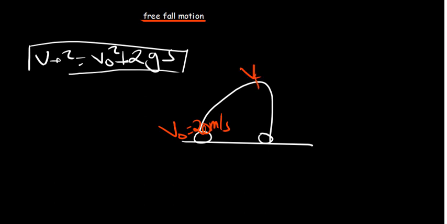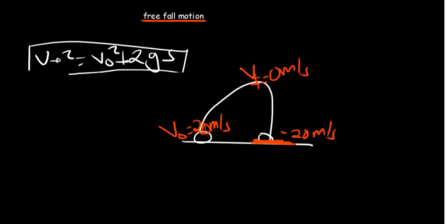It's supposed to be negative 20 meters per second. You can use any of the equations, you can come up with that answer. Okay, but I can use any equation, I'm going to come up with that.